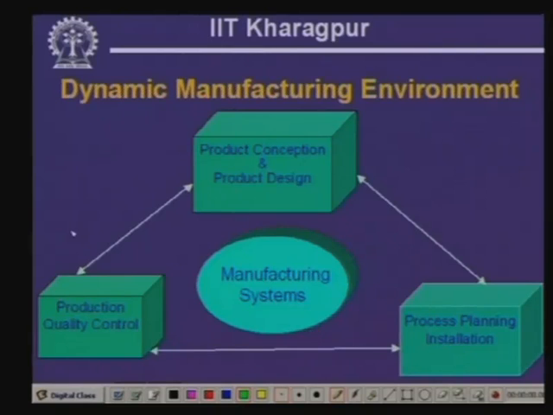So, you again conceive a new product, again you design it, again you do process planning and installation, and again you produce it. So, you see this is a cycle: a product from its time of conception up to its time of selling has a certain life. Now, this life is crucially affected by manufacturing systems. So, now let us look at what is happening to this situation.